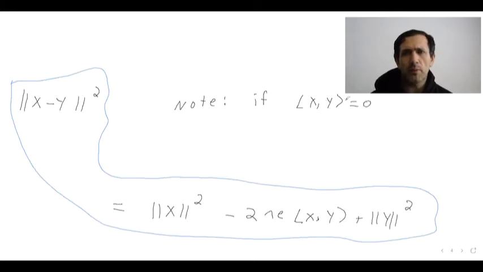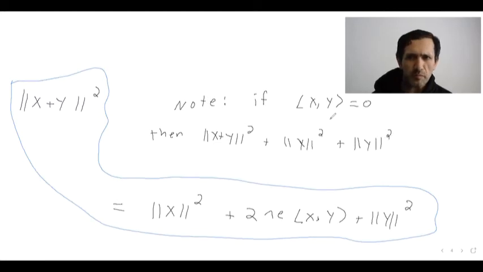So if this inner product is 0, well, we can see right from here, so let's go back to making it a plus. Well, if this is 0, then this is just the usual Pythagorean theorem. Norm of x plus y squared is norm of x squared plus norm of y squared.